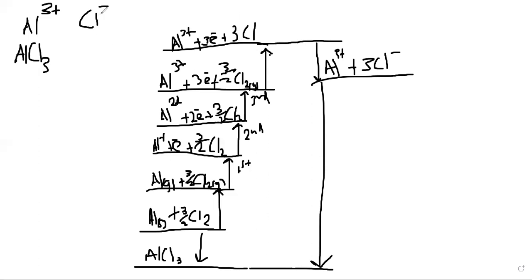Now the charge on the chloride ion is minus, so each of these 3 chlorine atoms will gain 1 electron. Hence, it's just Al3 plus 3 chloride ions. So 3 chlorine atoms, each gaining an electron to form 3 chloride ions. That's it.